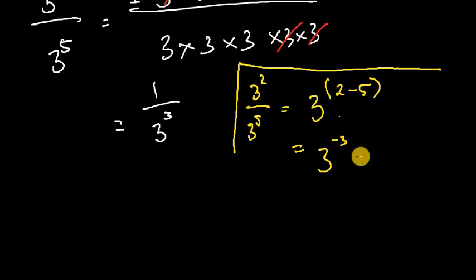Now this number is the same as this number, right? Once again, this number is equal to this number. So we can say that this is also equal to 1 over 3 to the power of 3.